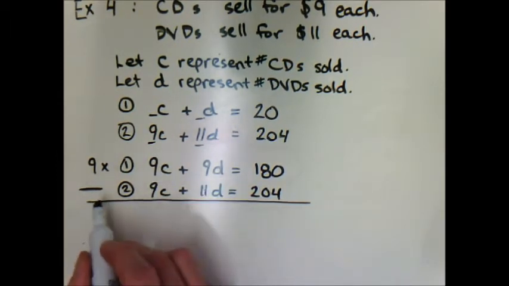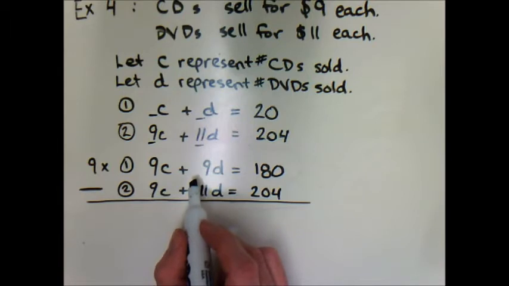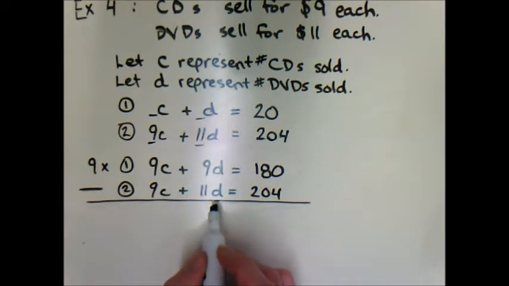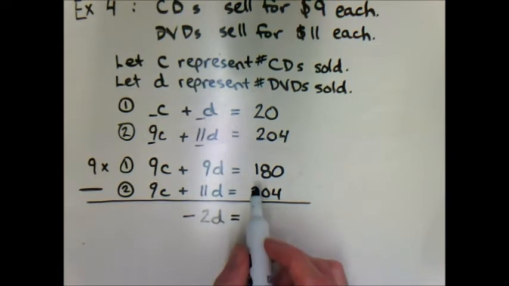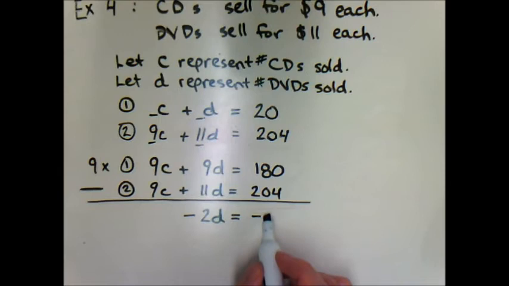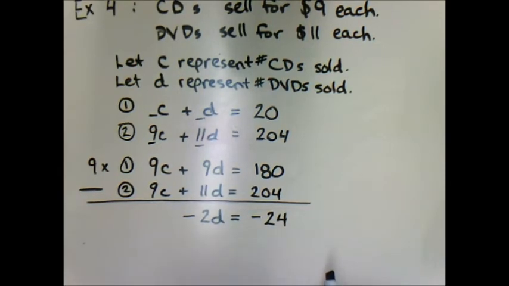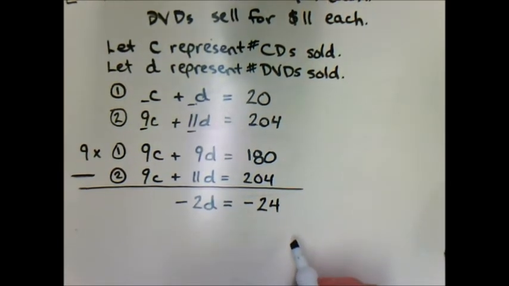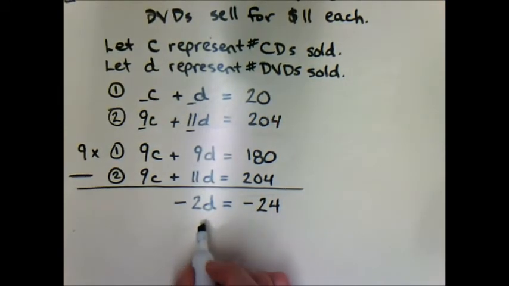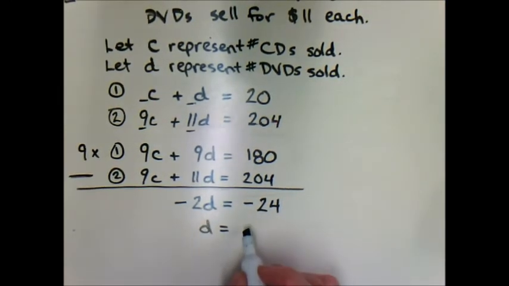So I have 9c minus 9c, which is 0. I have 9d minus 11d, which is negative 2d. And 180 minus 204, which is negative 24. Divide both sides by negative 2. Gives me d equals 12.